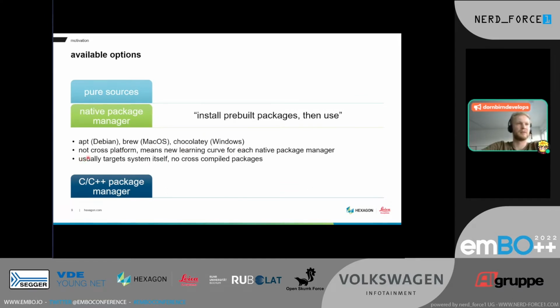The problem with those is that they are not really cross-platform, meaning that when you want to deliver a package specifically for macOS, you need to learn how Brew is doing its things. If you want to deploy to Windows, you need to know how Chocolatey is working. So you have a new learning curve basically for each native package manager.